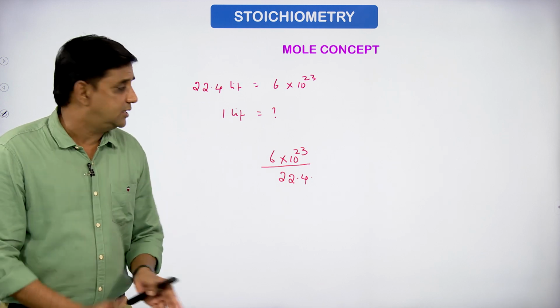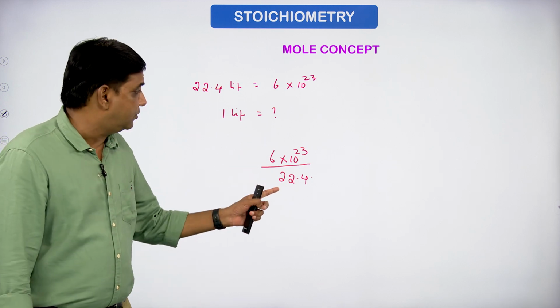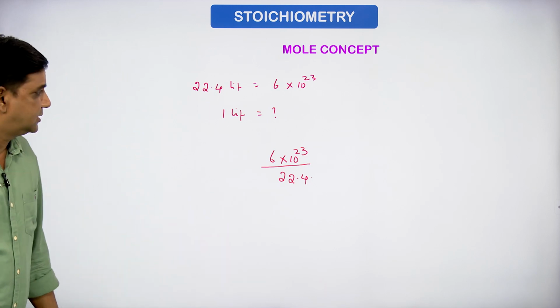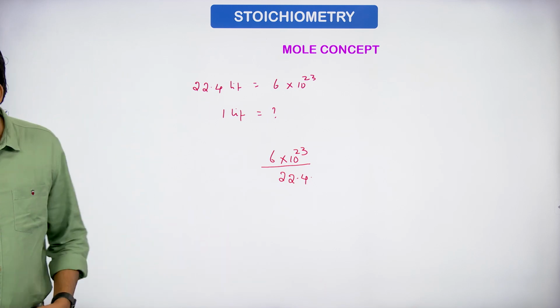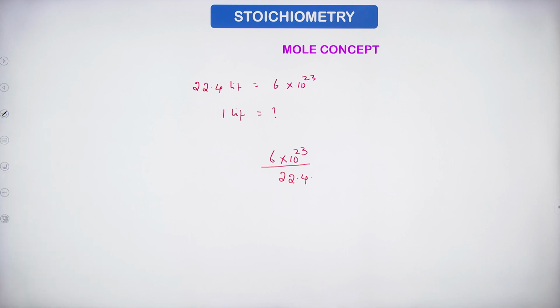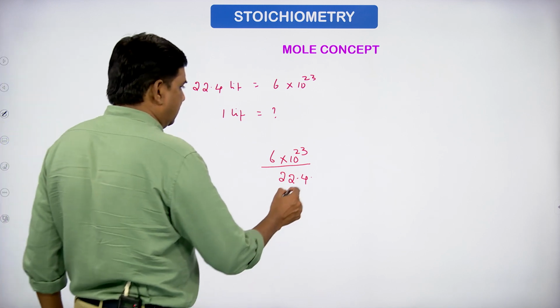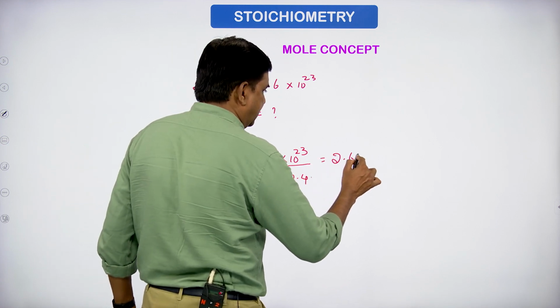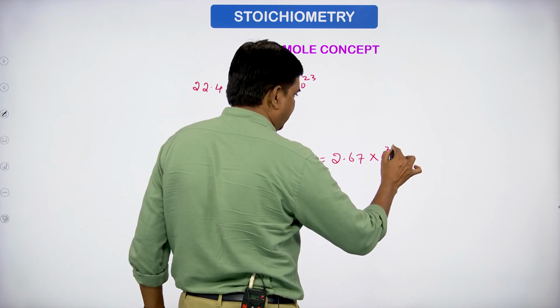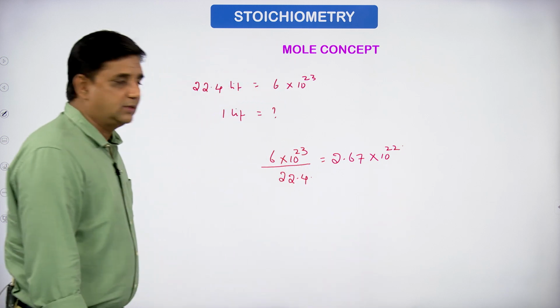So the density of a substance will contain this many molecules, 6 into 10 power 23 by 22.4 liters, and that is equal to 2.67 into 10 power 22 molecules.